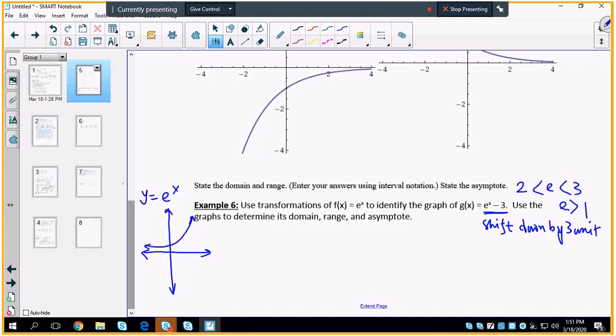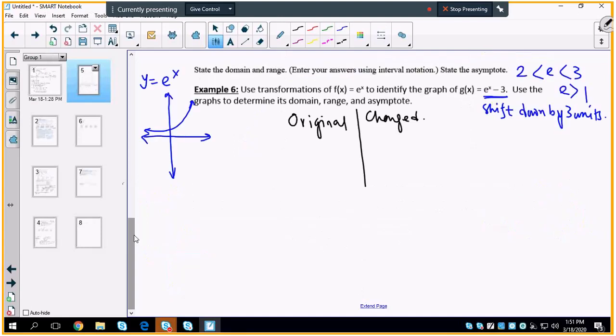So let's talk about the domain, range, and asymptotes first. It's the original versus the changed one. So the original domain is on the x-axis, negative infinity to infinity. Now there is no change in x, so it will still remain negative infinity to infinity.